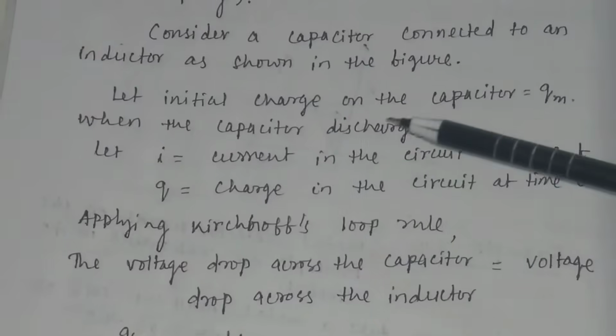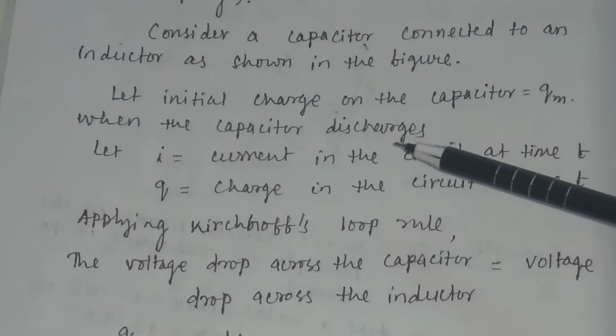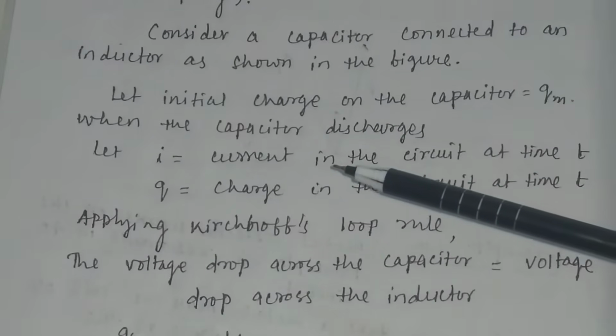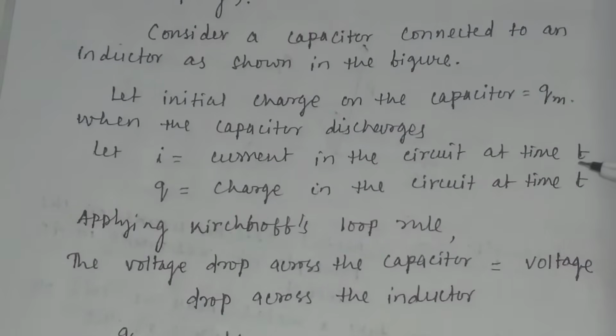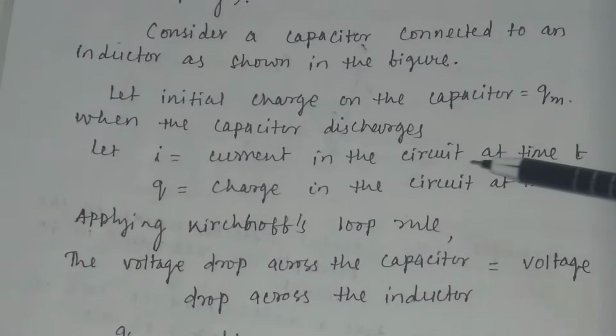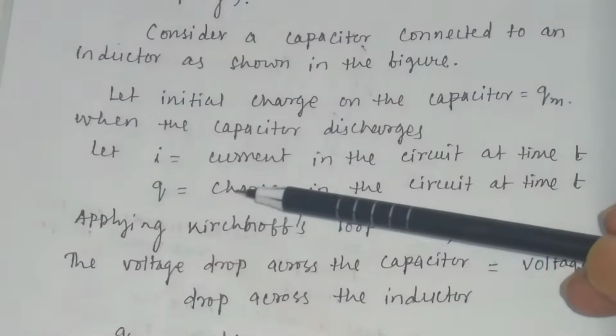Let the initial charge on the capacitor be Qm. When the capacitor discharges, suppose the current in the circuit at time t is I, and the charge in the circuit at time t is Q.